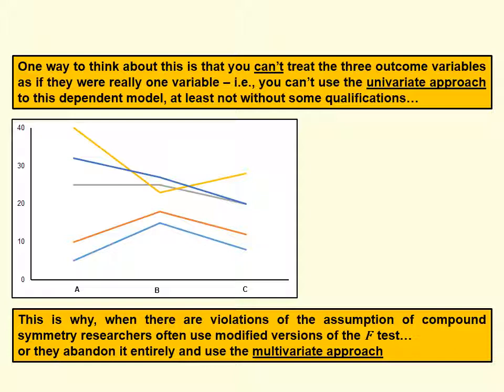They use one of the corrections that SPSS offers, or they get much more restrictive in the comparisons they make. So instead of considering an overall effect that occurs across condition A to B to C, they might only consider a comparison of condition A and condition C, or they sort of restrict the data that they're looking at, or they could even entirely abandon this univariate approach and say, we're going to use the multivariate approach.